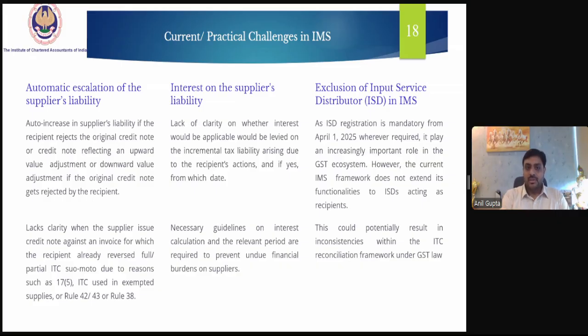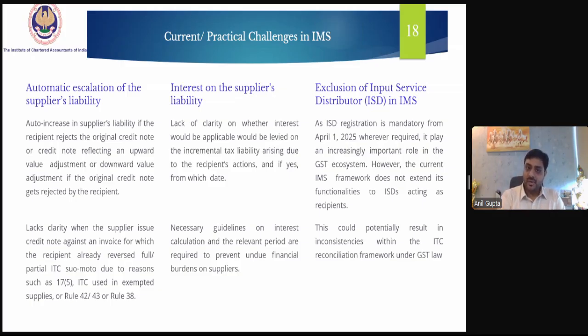Also, for the rejected credit notes of the invoices on which the liability has been increased on the supplier side, there is always a question on the interest, for which there is a lack of clarity on whether interest would be applicable or would be levied on the incremental tax liability arising due to recipient's action, and if yes, from which date?